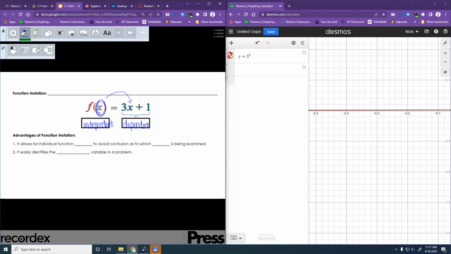Okay? We're going to use f of x, g of x, h of x, k of x a lot. We'll still use y equals some too, but we'll use function notation a lot. It allows for individual function names. I think that's supposed to be names. Sorry. This is the first time I've done these notes.